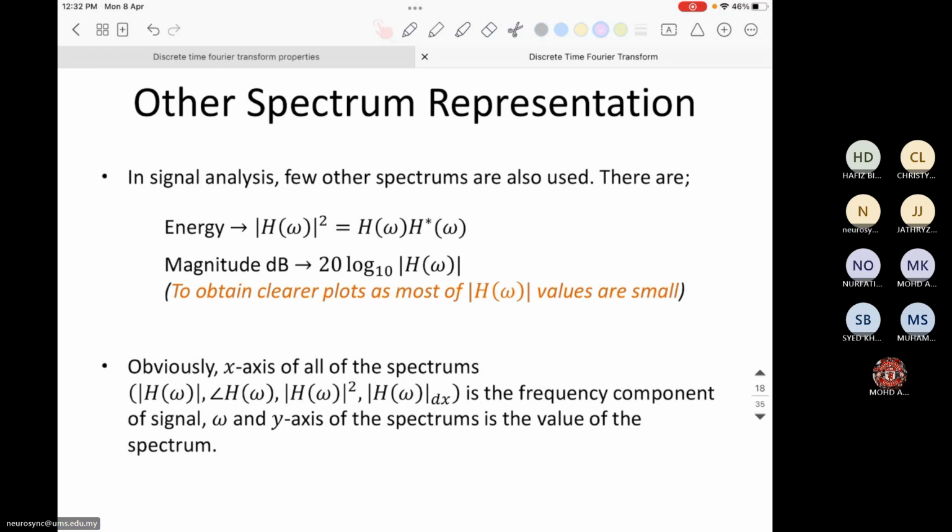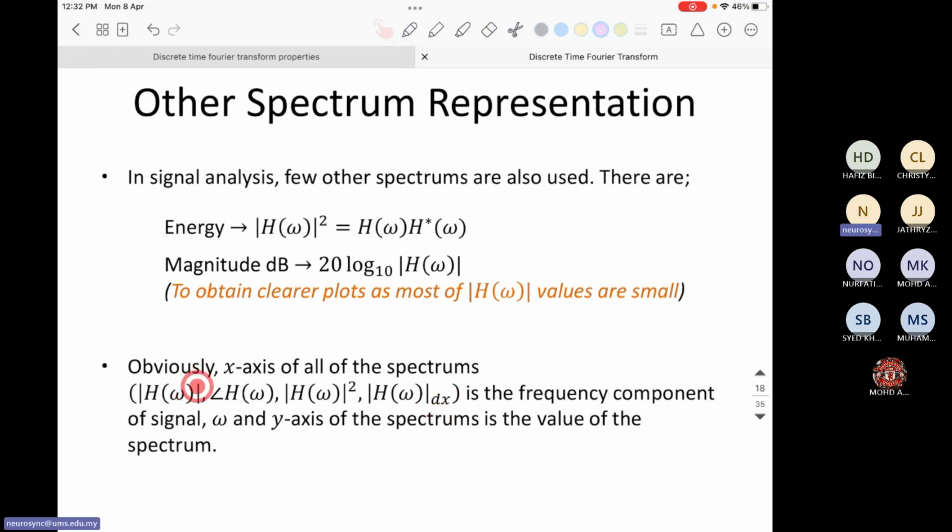Now, the x-axis of all the spectrums. The spectrums are the magnitude spectrum, phase spectrum, energy spectrum, or magnitude in dB spectrum. For dB, you need to write dB here.